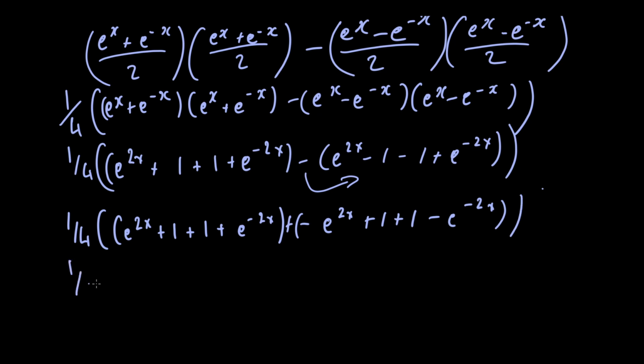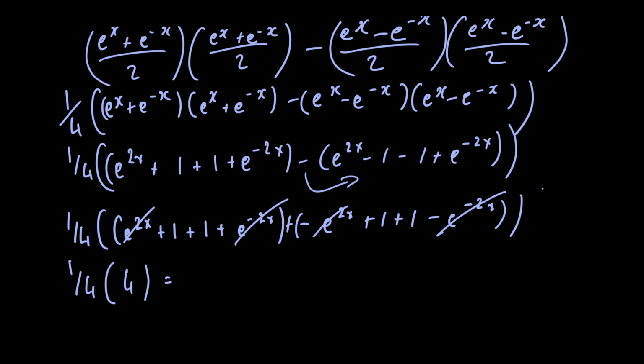Now we're just going to go ahead and simplify everything in the brackets. We have an e raised to 2x here and a minus e 2x here, so that's just 0. We have e raised to minus 2x here and a minus e raised to minus 2x here, that's just 0 again. We have 1 plus 1 plus 1 plus 1, which is just 4.